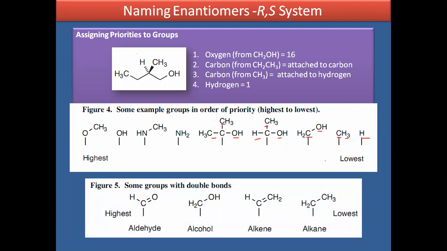Some groups with double bonds: aldehyde gives highest priority, then alcohols, then alkenes, and alkene is the lowest priority. In the double bonded groups, the lowest priority always goes with the alkenes rather than the alkynes, alcohols, aldehyde, apart from other groups.